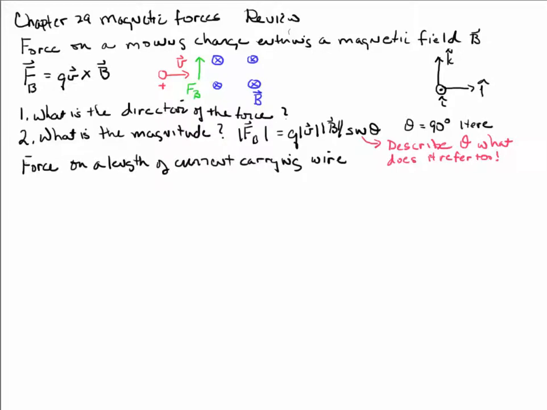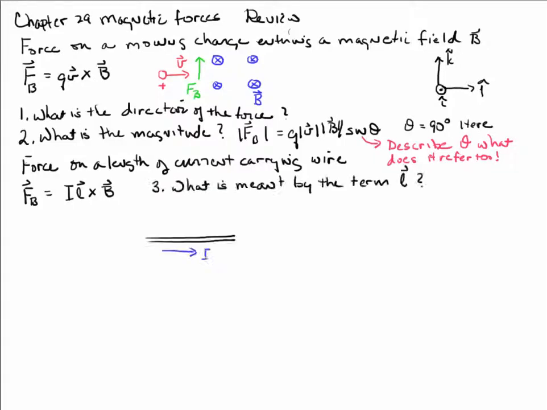Now let's look at the force on a length of current carrying wire. And that force is given by I L vector cross B, the magnetic field. Now what is meant by the term L as a vector? What does the length as a vector mean?